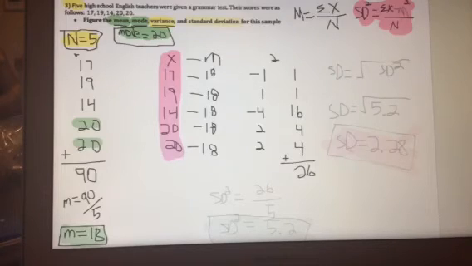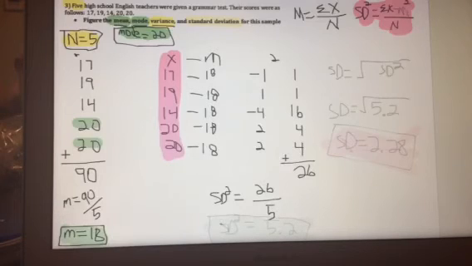So again, now we plug it into our formula. SD squared equals 26, and at the bottom it's our n. Our n is right here. n equals 5.